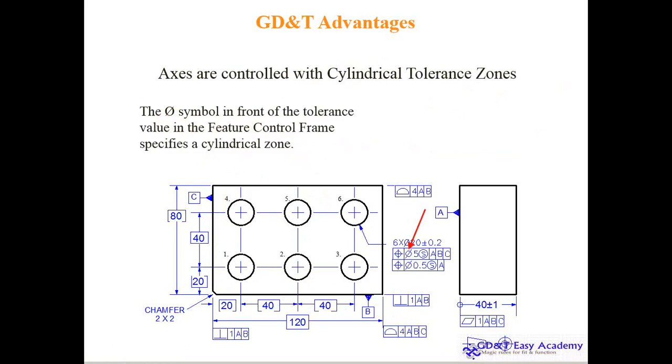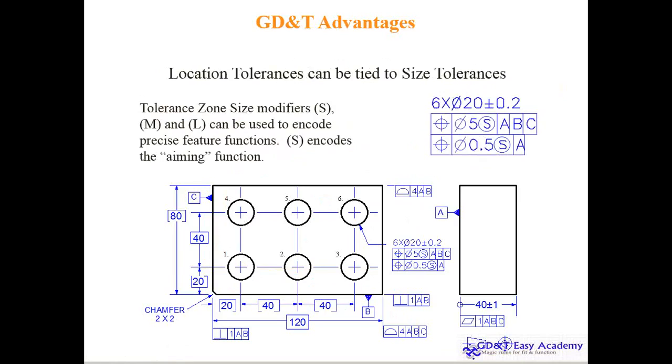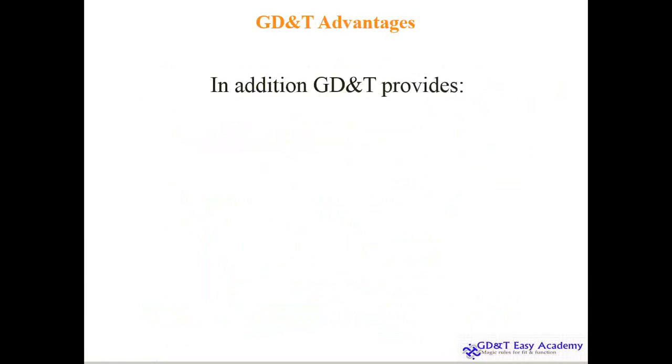When I visit different companies and speak with their design, inspection and manufacturing teams, they have a common misconception and communicate in different ways based on their interpretation. So never interpret GD&T, try to understand it, and it always gives you a cylindrical zone, not a square zone like your earlier conventional method.